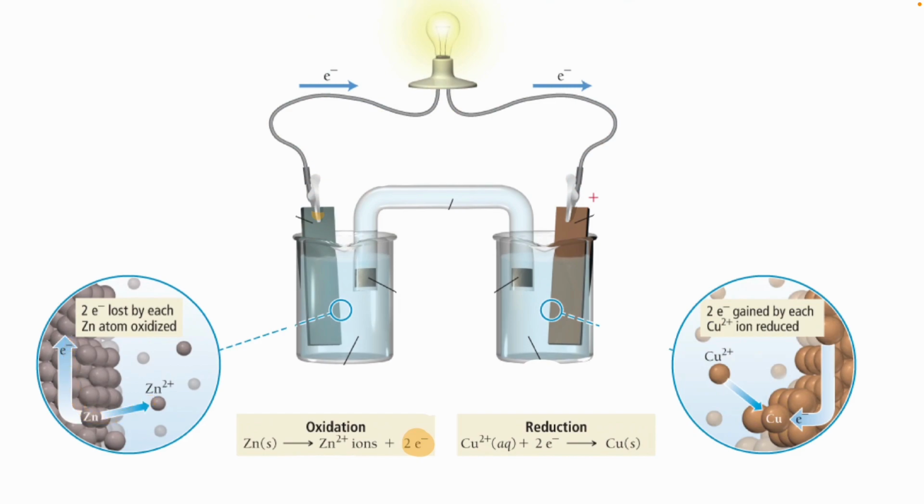All right, so fancy terminology. The place where the oxidation reaction takes place is what we call the anode of a battery. The place where the reduction reaction takes place, we call the cathode of the battery.